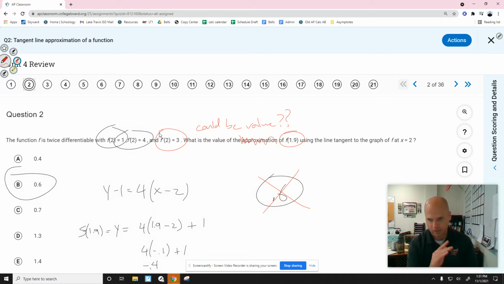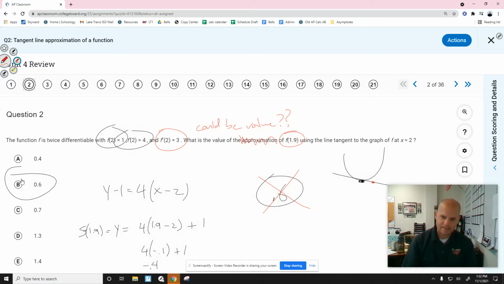Now let's just assume the second derivative stays positive between 2 and 1.9. Think about this. If your graph has a second derivative that's positive, f is concave up. If you are approximating any point on this concave up function using a line, your approximation on your line is under the actual value.